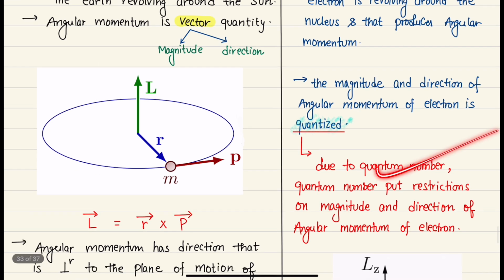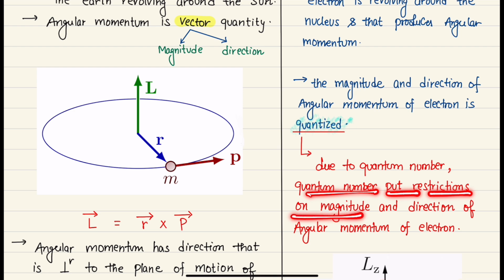Due to quantum numbers. Quantum numbers put restrictions on the magnitude and direction of angular momentum of the electron. Understood? Because in quantum mechanics we have quantum numbers, and those quantum numbers govern the orbital angular momentum.